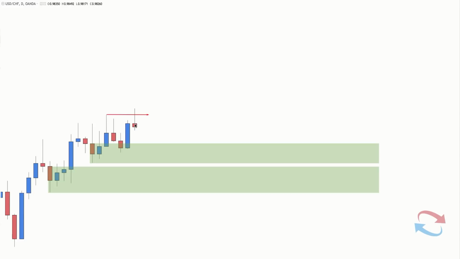Again, you could draw a demand zone around here as well, as this would be the area of the last bearish candle before prices did make a new high. But personally, I prefer not to draw it, as the demand zones can get a bit overwhelming on a price chart if you were drawing these types of demand zones.